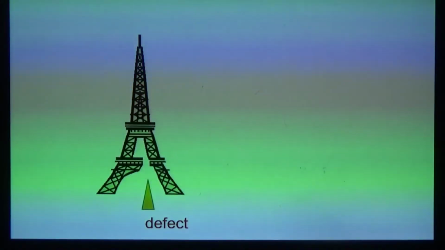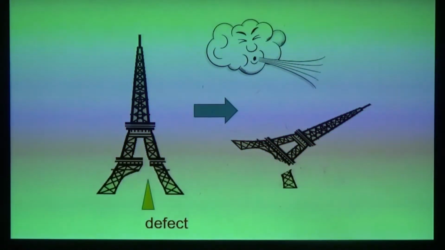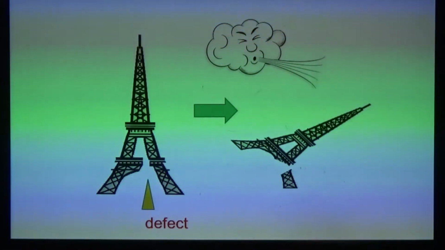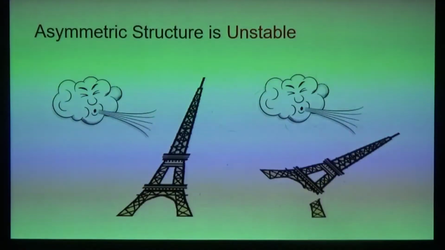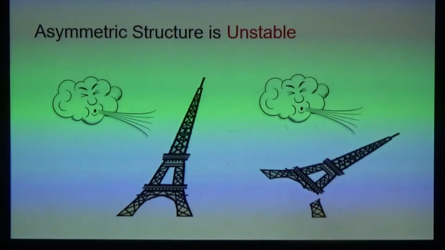We can surmise that when the same force works on the tower, it will probably bend more than when it was intact, and could even break. Thus, asymmetrical structures have greater susceptibility to external forces than symmetrical structures.